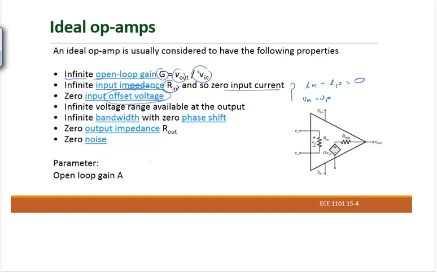The output voltage range is infinite again, but in reality it depends on the source values, the supply voltages. We said bandwidth is infinite, and phase is also infinite. We can say Rout, the output impedance, is equal to 0 and noise level is equal to 0. And gain, sometimes we show A, sometimes we show G, but that is the infinite open loop gain.